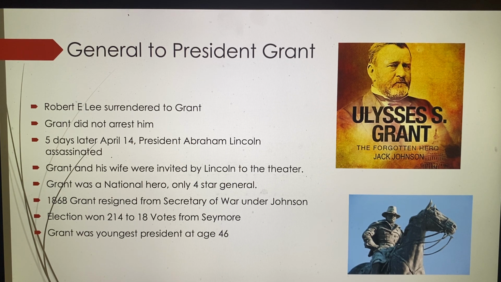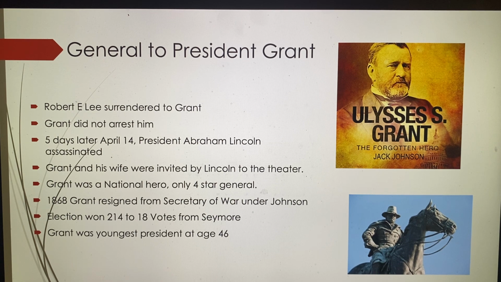But anyway, the thing about this that I thought was very, very interesting was that Ulysses Grant and his wife, General Grant and his wife, were invited by President Lincoln to be with them at the theater that night. And you wonder why.